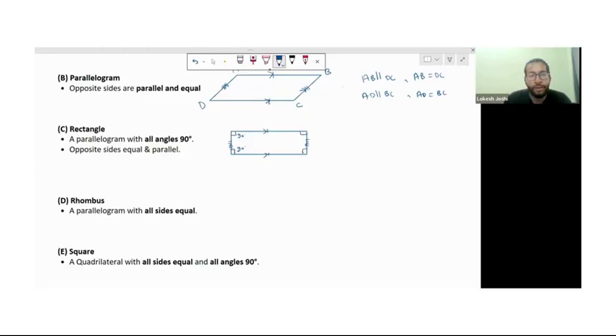If all these properties are satisfied, then we can say the given figure ABCD is a rectangle. So a rectangle has all properties of the parallelogram, with the additional one that angle A is equal to angle B is equal to angle C is equal to angle D, which is 90 degrees.